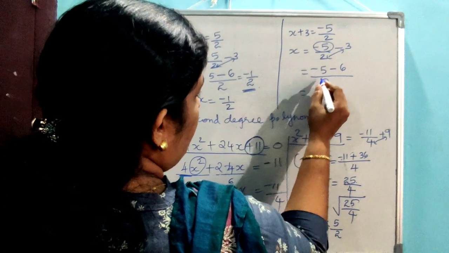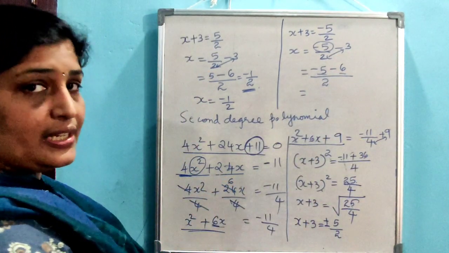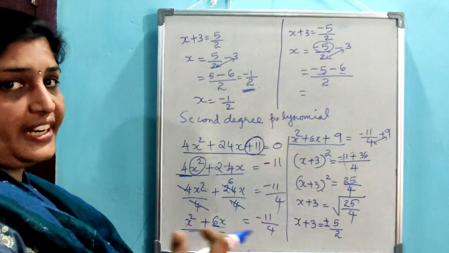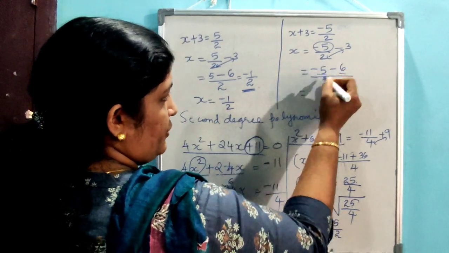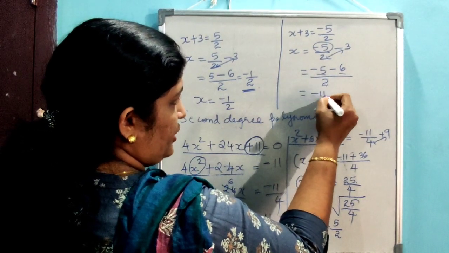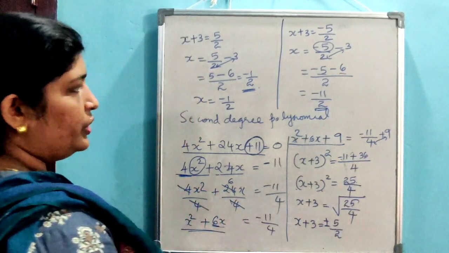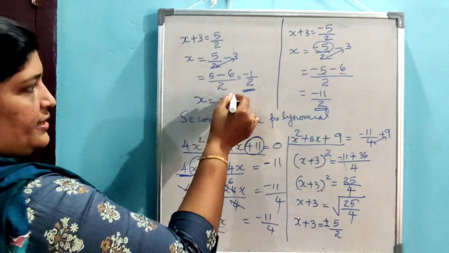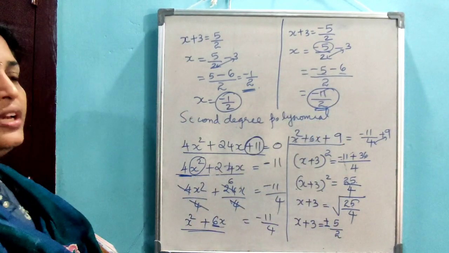So that is minus 5 minus 6. Both have the same signs, and same signs means addition. Both numbers are negative, negative 5 and negative 6, so their sum is negative 11, divided by 2. So the values of x are negative 1 by 2 and negative 11 by 2.